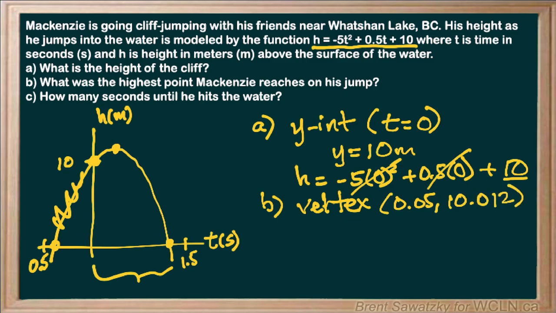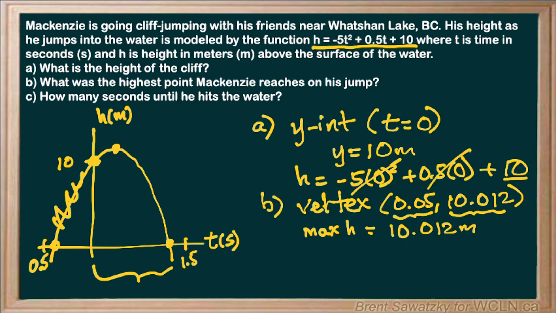So the 0.05 is the time, and the 10.012 is the height. And so our max height equals 10.012 meters. So he just got a tiny bit higher than the edge of the cliff as he jumped out, and there we have it.